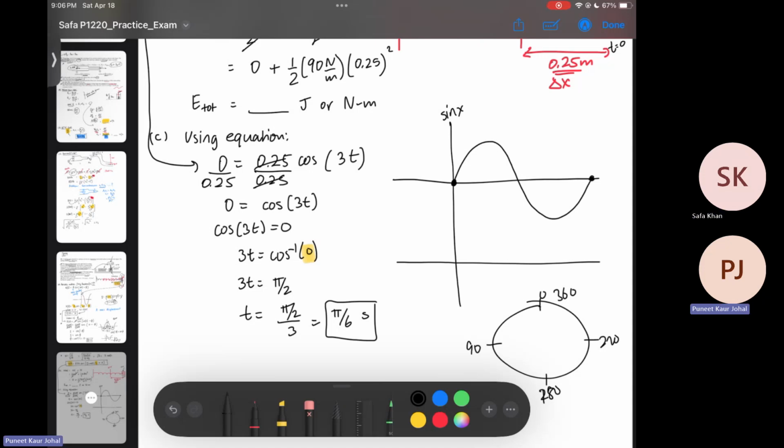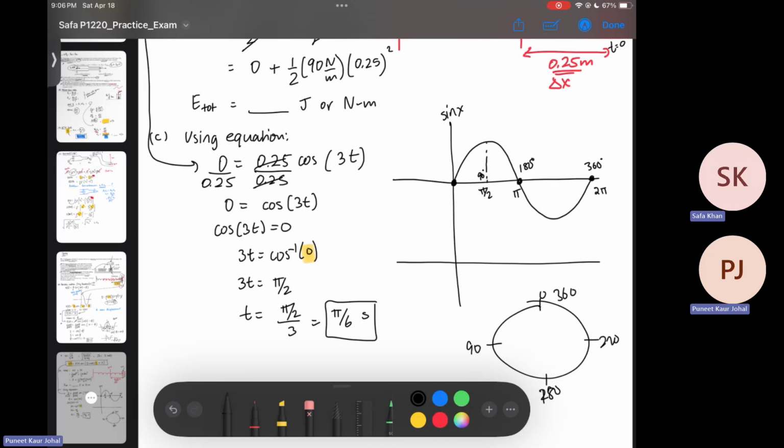We know one cycle is 360 degrees. In radians, that's 2 pi. Halfway is 180 degrees, which is pi, and halfway of that is 90 degrees, which is pi over 2.